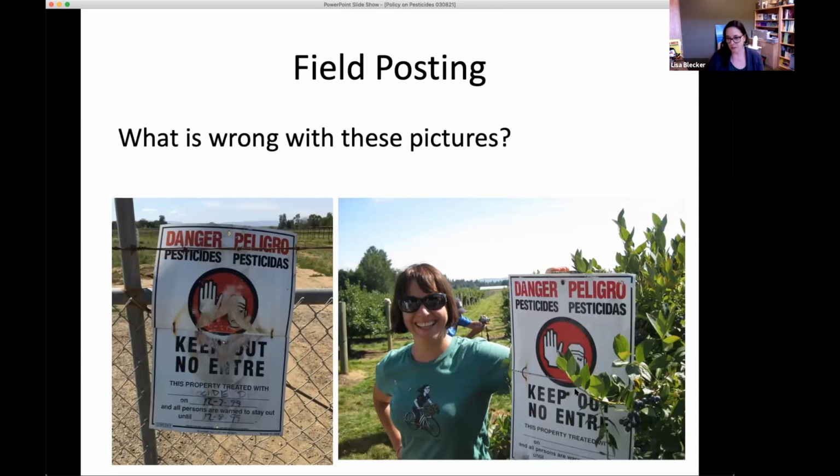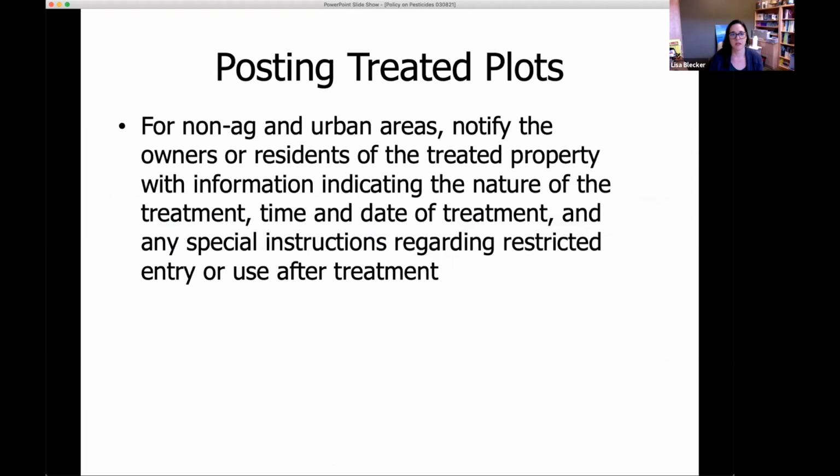Once the REI expires, you can remove the sign, or you can wait 3 days after that expiration. Only 3 days though. But so long as the sign is up, nobody without early entry credentials can enter that field, period. Okay. So it just sort of behooves you to take it down whenever the REI is done.